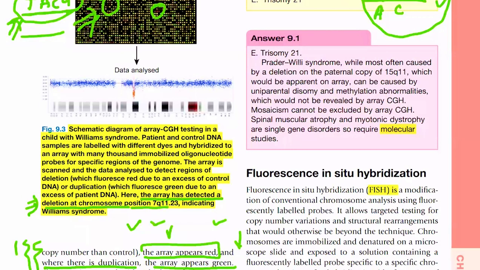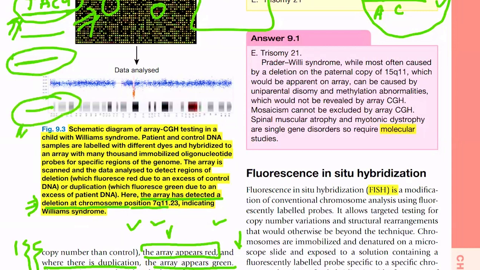Why? See here we do hybridization. What do you mean by hybridization? This one thing I have placed here, and this probe which is fluorescent, I'm going to make it hybridized with this one.